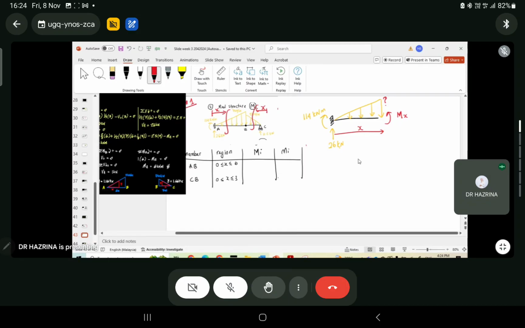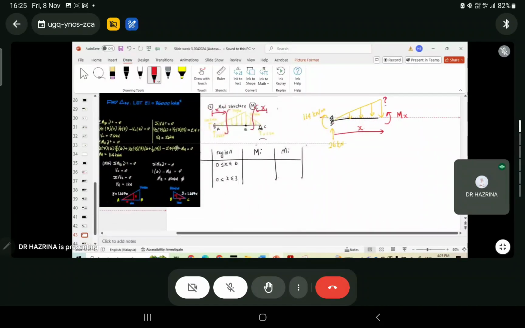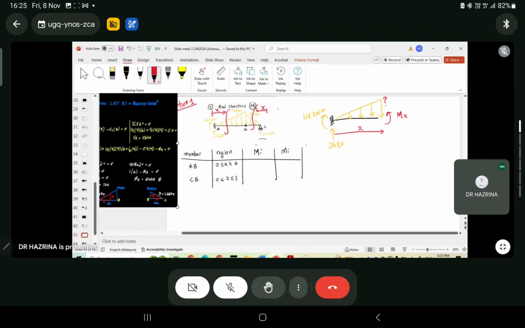Alright. So sekarang ni, load dia tadi adalah 7 kilonewton per meter. So sekarang ni, bila you dah cut dia separuh, dekat sini, berapakah load dekat sini? Sebab kalau dia full triangle, at B is 7 kilonewton per meter.